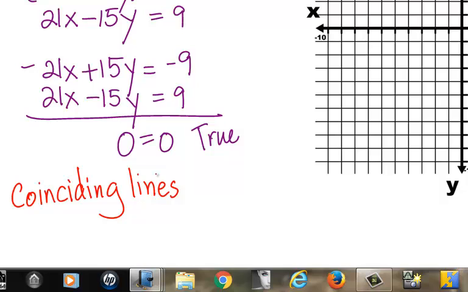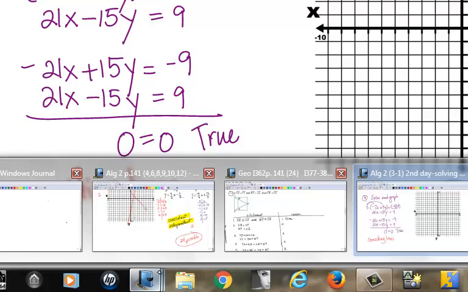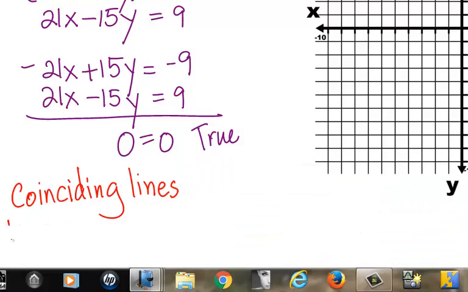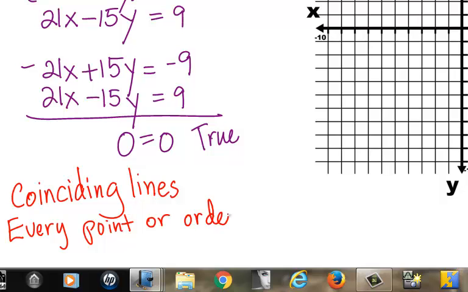And remember, if I said, what's the solution to this? You have to write it out in words. There's no way to describe it. So you have to write out every point or ordered pair. You can say ordered pair. Every point or ordered pair on the line, and pick either equation.